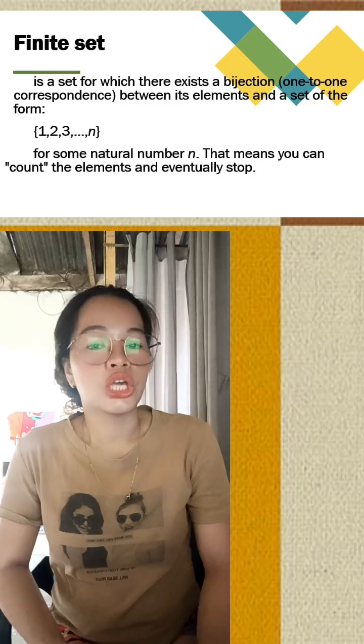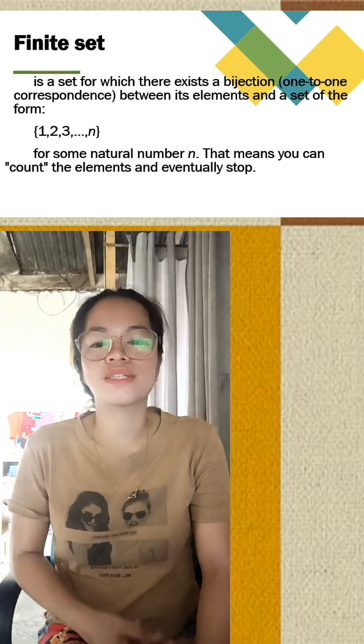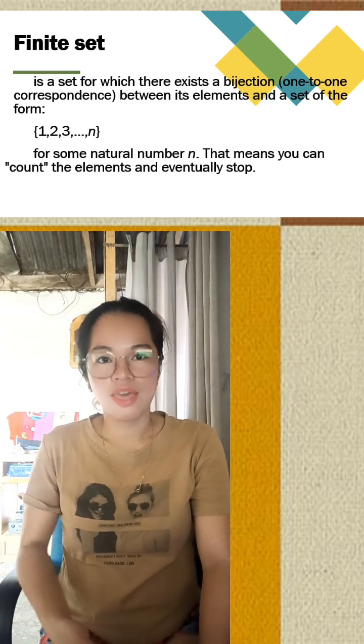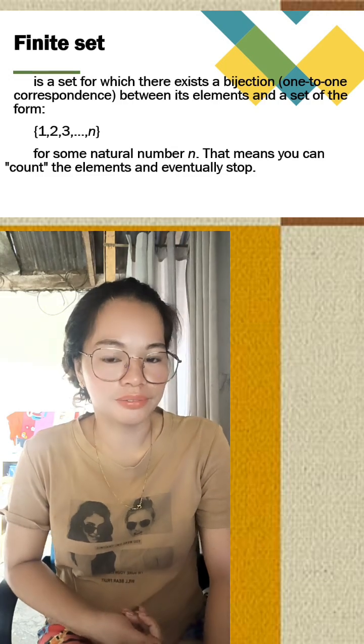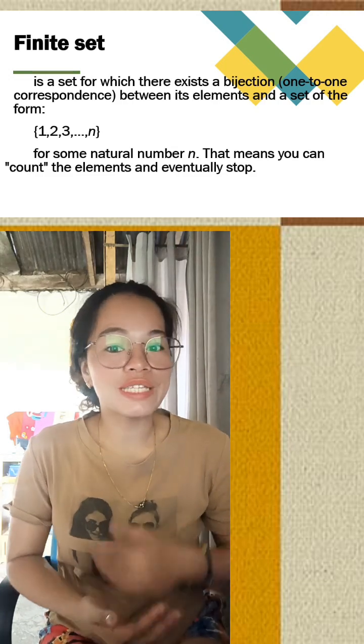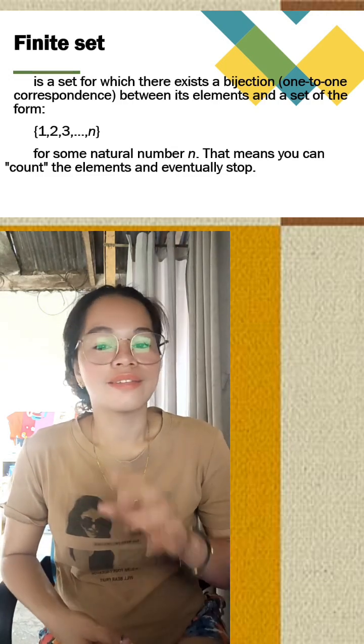That means you can count the elements and eventually stop. That's a finite set. In other words, a finite set is a set where you can count all the elements.